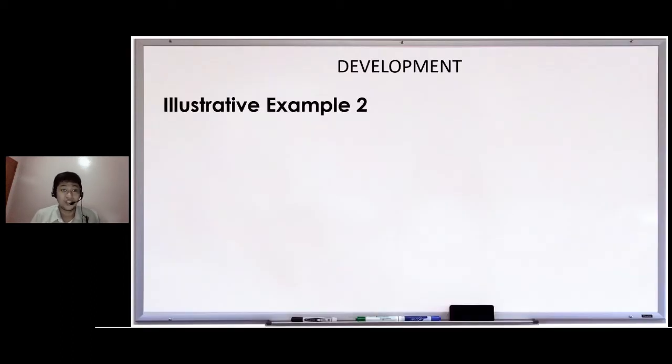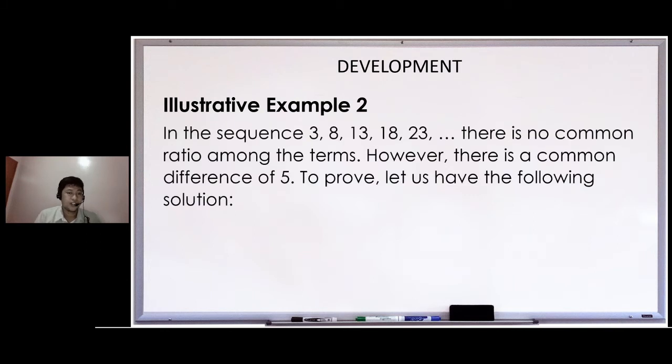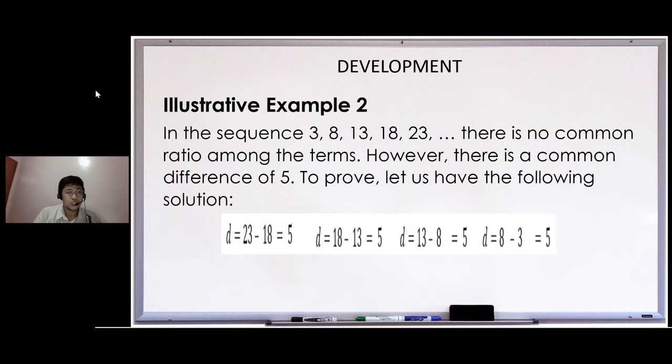Let's have illustrative example number 2. In the sequence 3, 8, 13, 18, 23, and so on, there is no common ratio among the terms. However, there is a common difference of 5. To prove, let us have the following solution. If you look at the sequence here, if you subtract the first term from the second term, that is 8 minus 3, and it will give us 5.